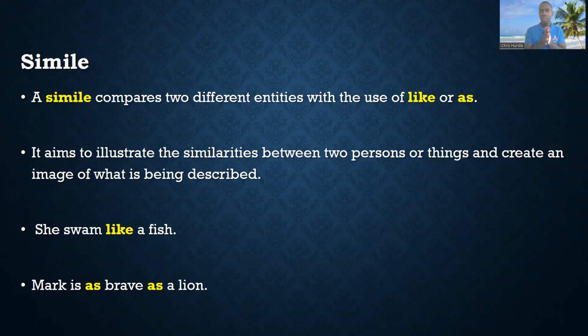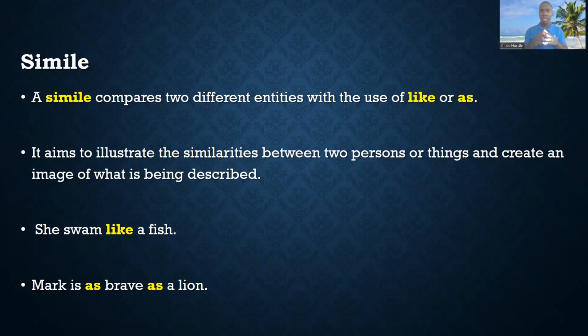But what this comparison does is that when we identify the similarities between two people or things, it helps us to create an image of what is being described. This can also work for persons.